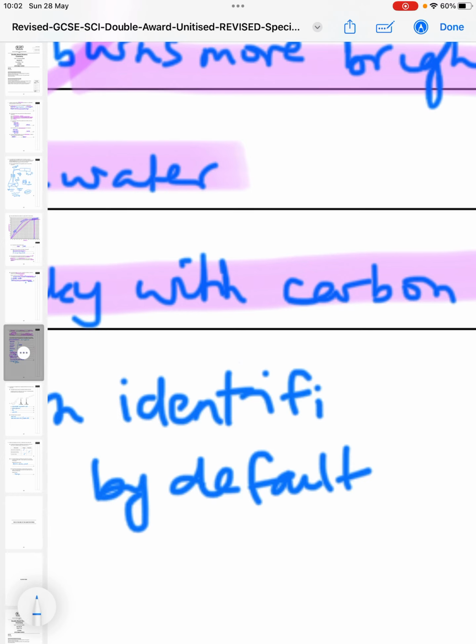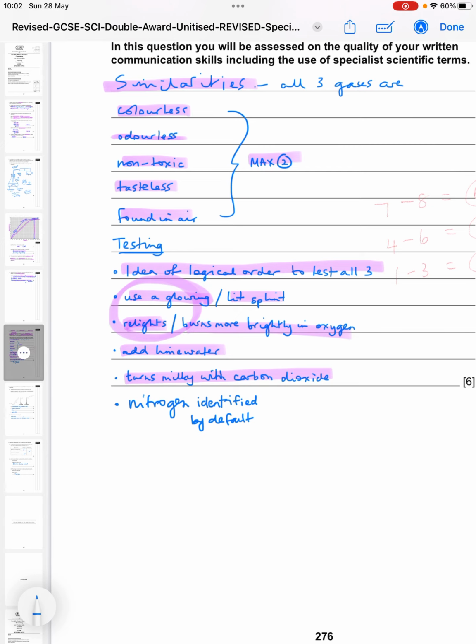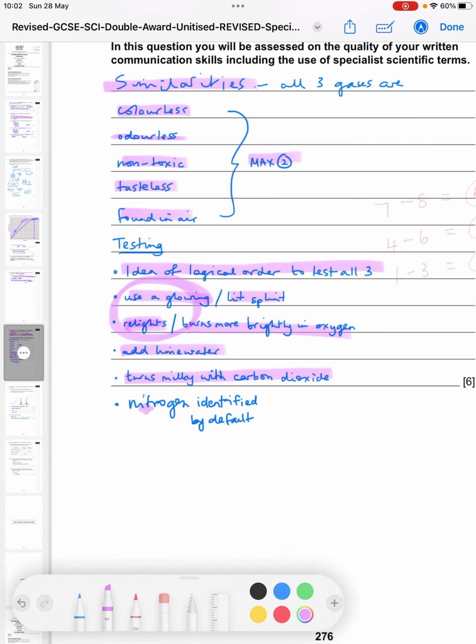Sometimes this iPad has funny moments to itself. So the nitrogen is identified by default would be your final one.